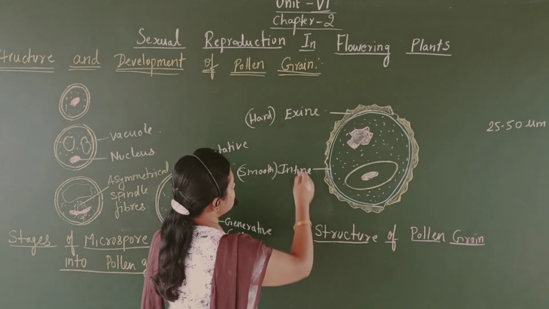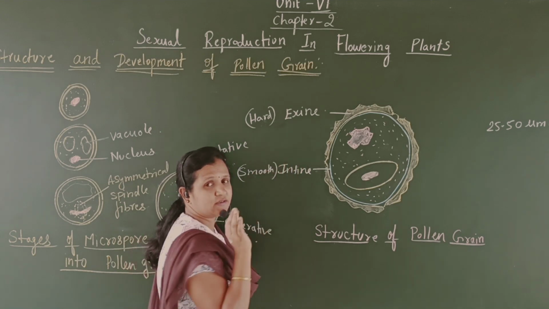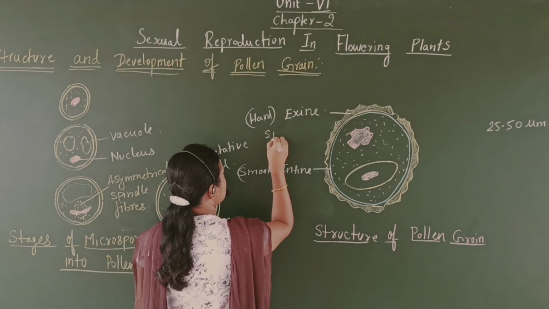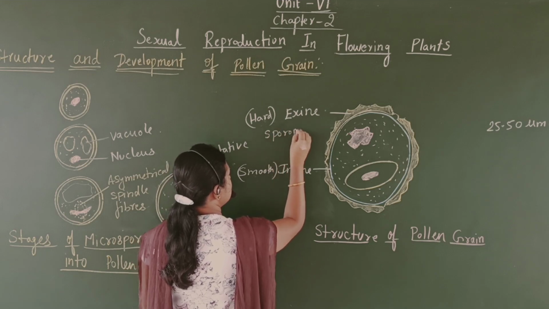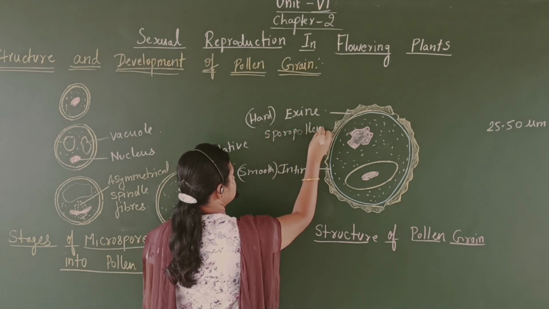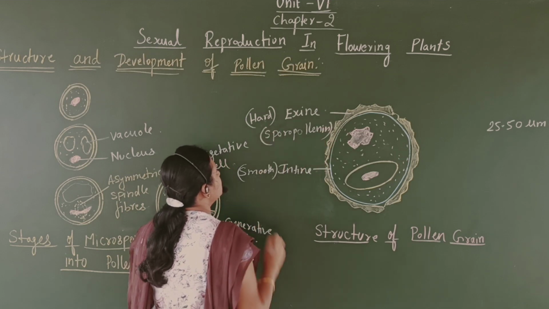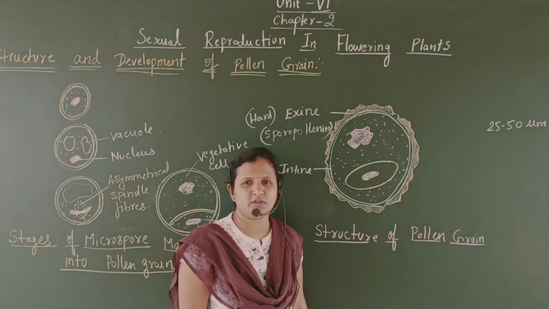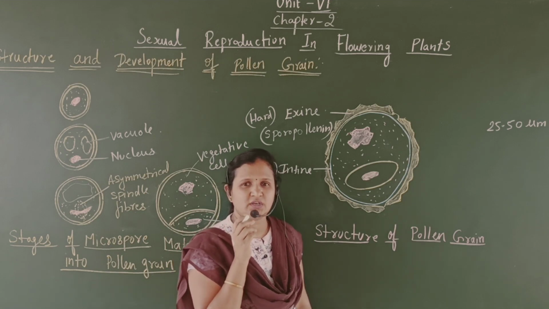The exine is made up of a very rigid material called sporopollenin. Very important. Exine is made up of sporopollenin, and it is very rigid.